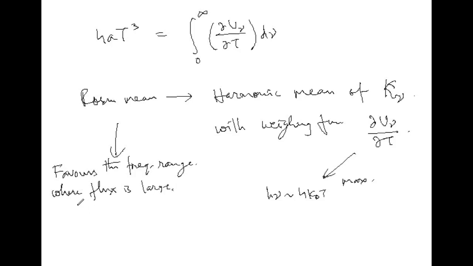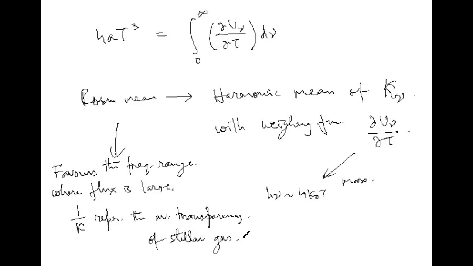In other words, 1 by kappa represents the average transparency of stellar gas.